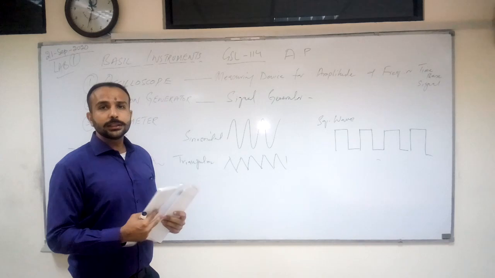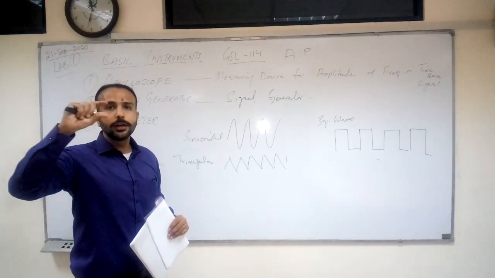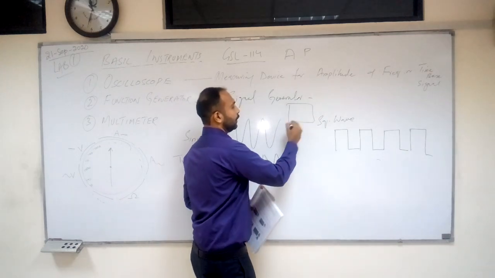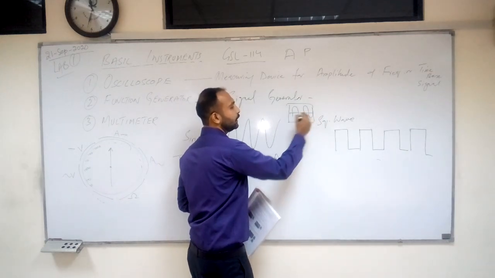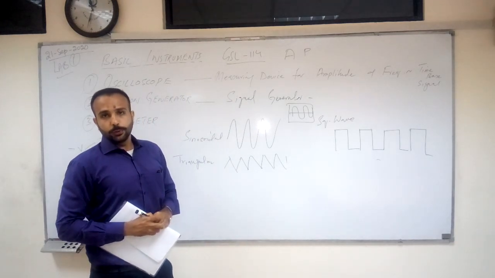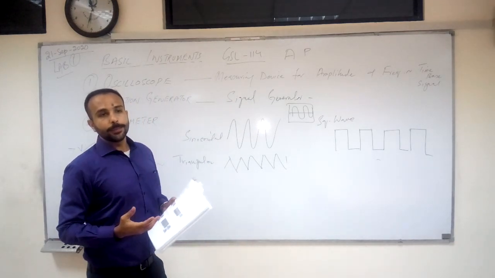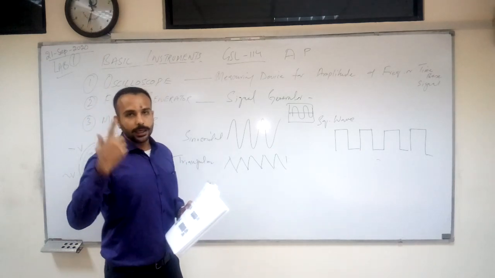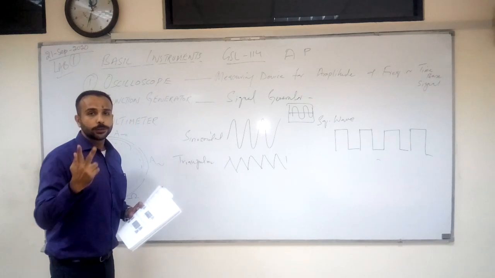There are two main functions through which we can measure the signal. This is the scope which we use to measure the signal. One is the time per division, the second is the volts per division.